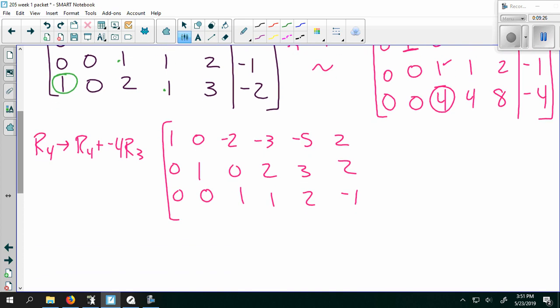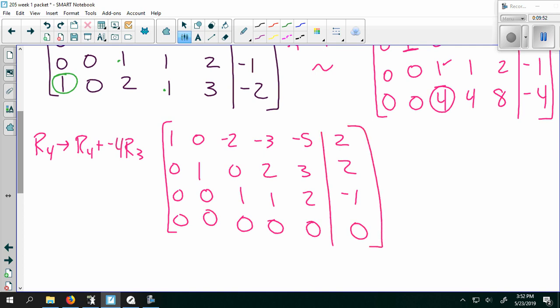It's going to become itself -4 row 3. So that would be 0, 0. And then 4 plus -4 is 0. 4 plus -4 is 0. 8 plus -8 is 0. And -4 plus 4 is 0. Get a row of zeros.